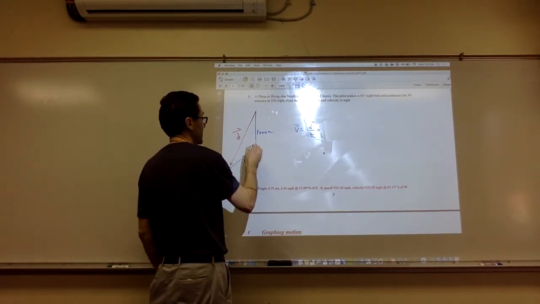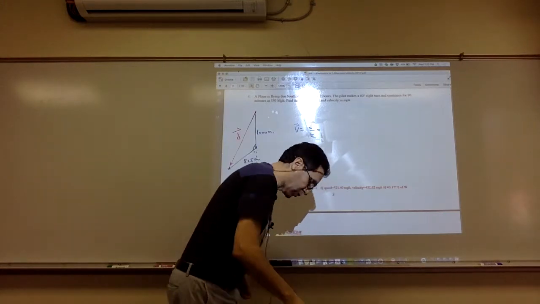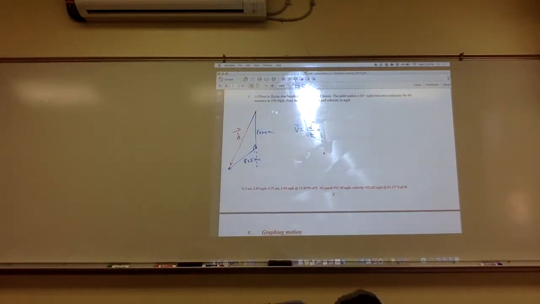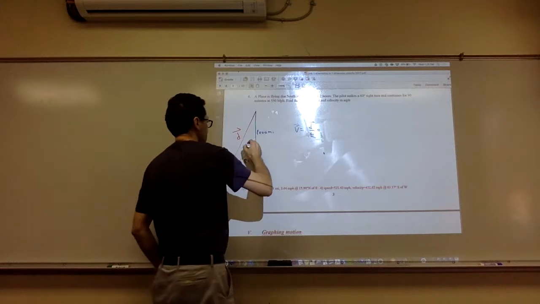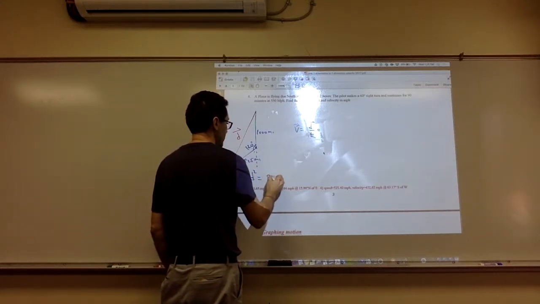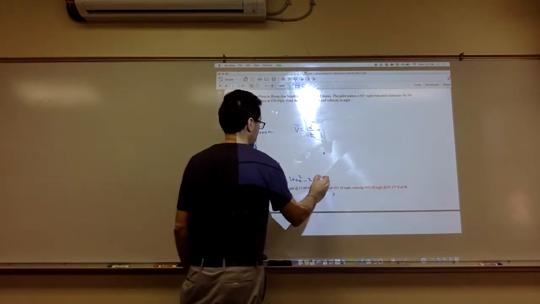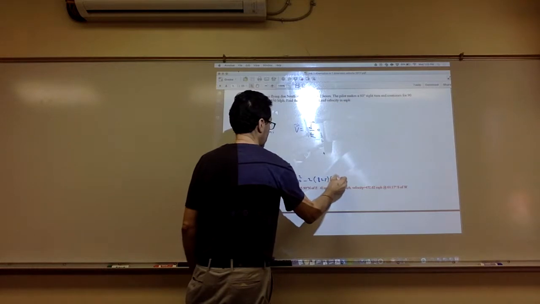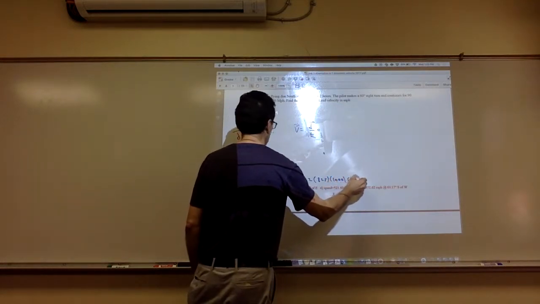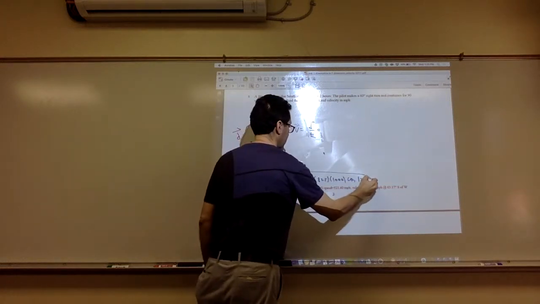So this angle here is 60, which makes this angle here 120. So now we're going to do the law of cosines. So I'm going to do d squared equals 825 squared plus 1000 squared minus 2 times 825 times 1000 cosine 120, and I can just take the square root of that basically.